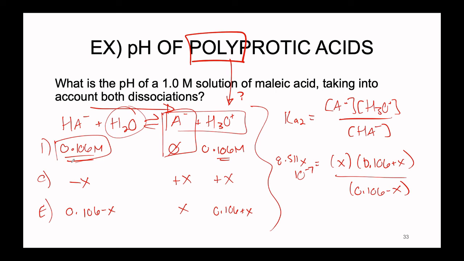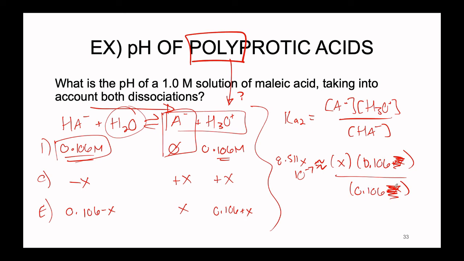The reason why I'm specifying that is because of the answer that we're about to see. The plus X or minus X that we end up removing is any of these changes from initial conditions that are at least 1,000 times larger than our Ka. In other words, we can assume that our Ka is approximately equal to X times 0.106 divided by 0.106.